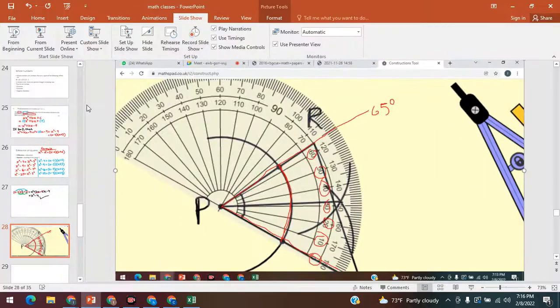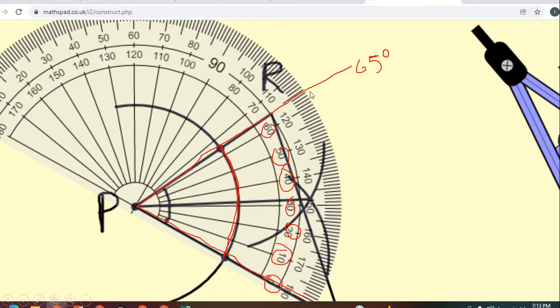So we said that our angle is about 65 degrees. What is half of 65 degrees? Half of 65 is 32.5.